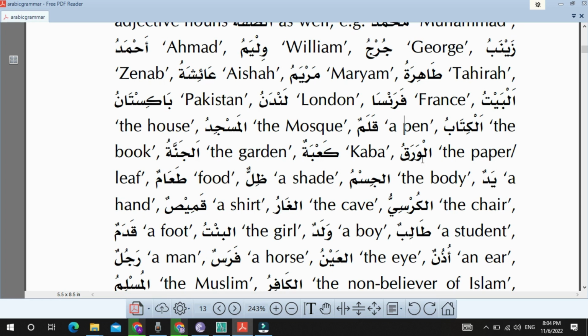Al-Waraq is used both for paper and for the leaf of a tree. Ta'amun, food. Zillun, a shed. Zillun is used for shed.